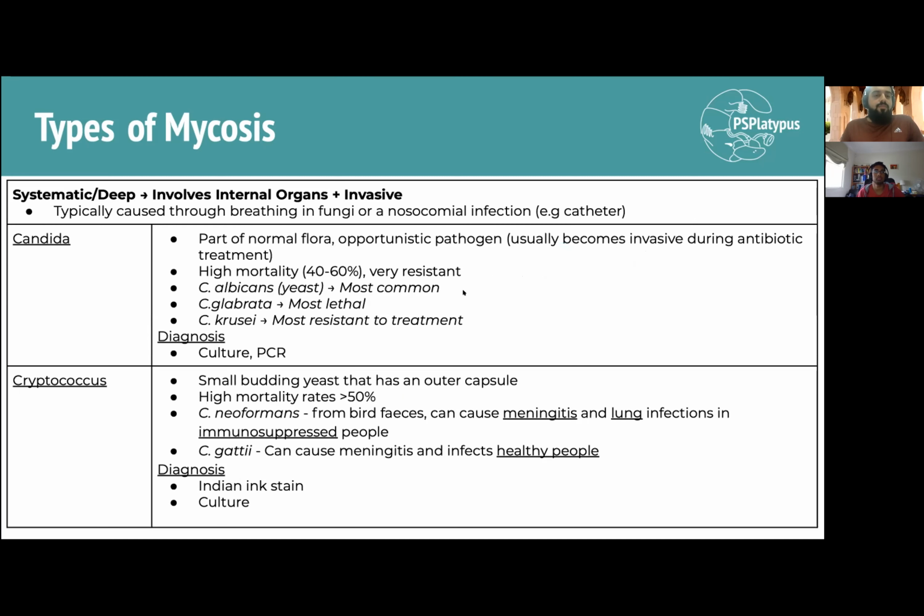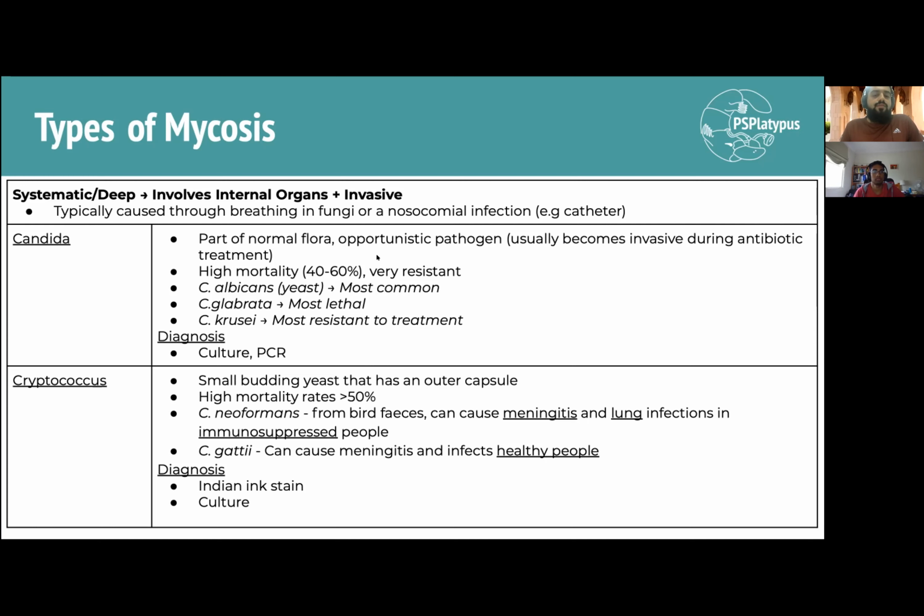Then the last type of mycosis is systemic or deep, which affects internal organs, and it can be very dangerous. One example of deep mycosis is Candida.